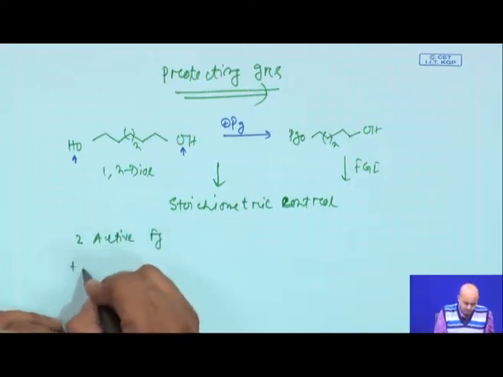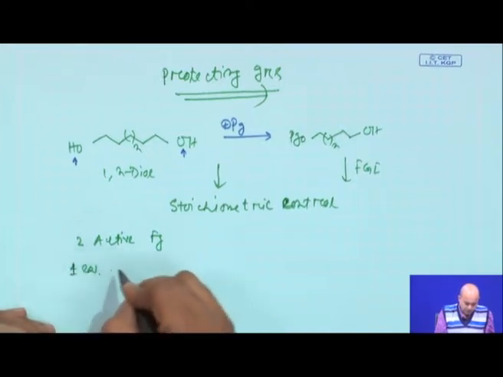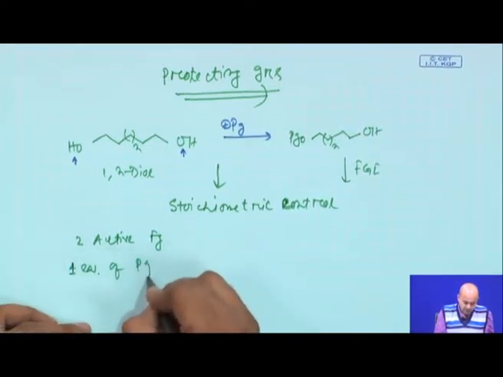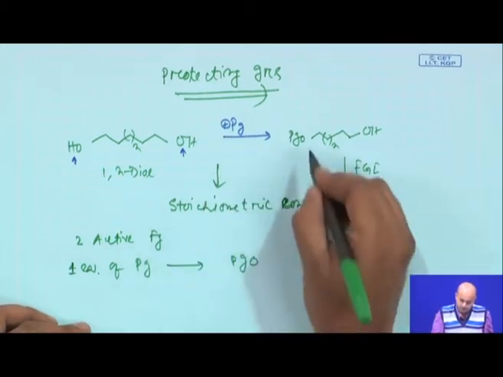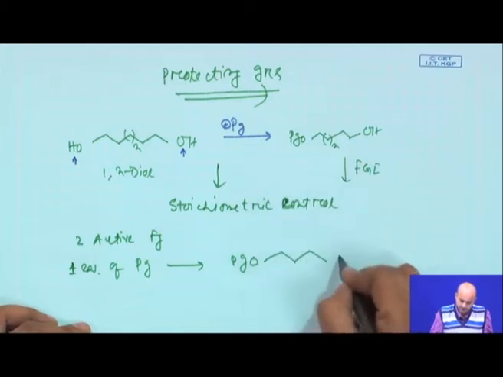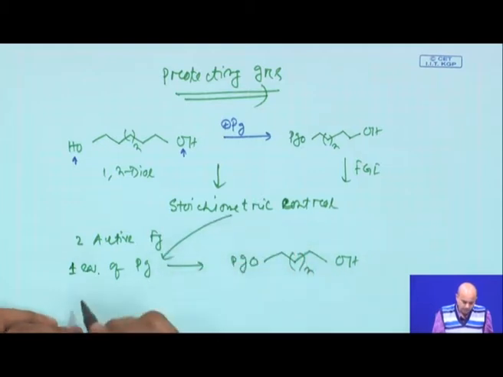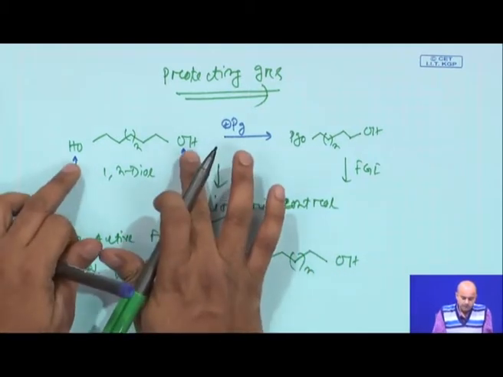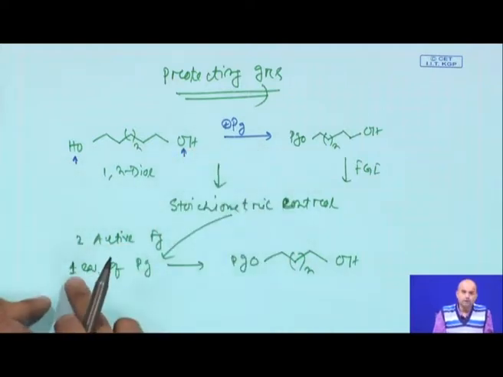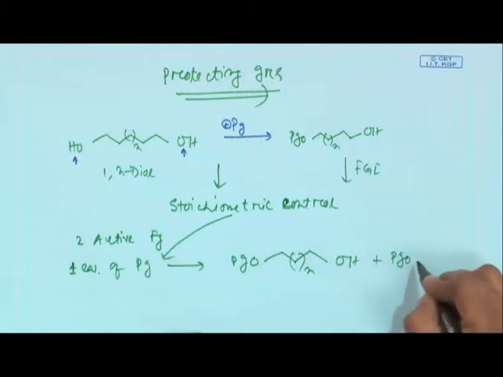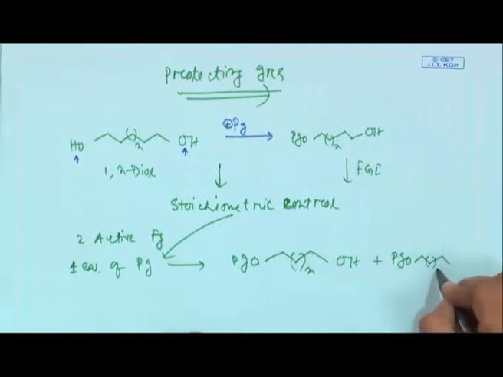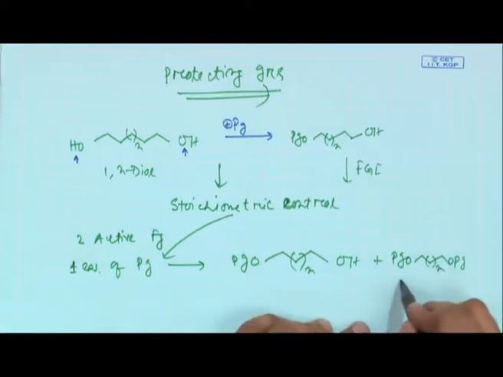Now, you use one equivalent of PG, the protecting group. So, make sure the PG blocks one end of the active functional group, and the remaining end remains intact. So, with stoichiometric control, your two equivalents are the two active parts and you are using only one equivalent. Sometimes definitely you are having a little bit of di-protected compound as a byproduct, that is a side product.